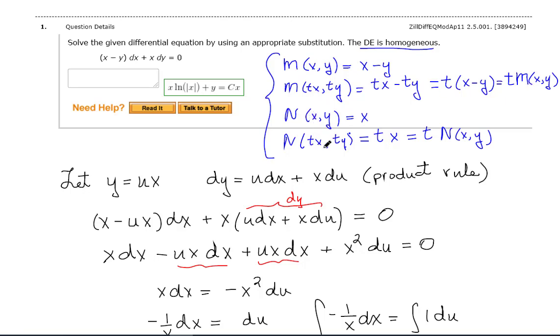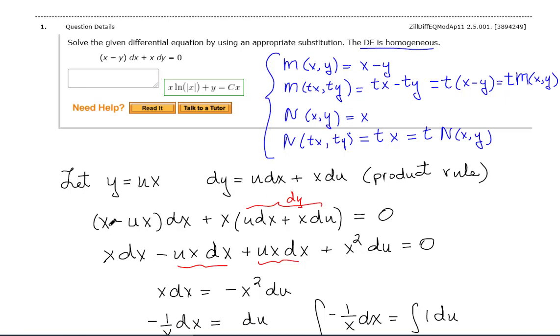So plug in tx, ty. Well, it has no y's. So I get tx, and so it is t times the original. So they both are homogeneous of the same degree. All right, so I let y be ux. Its differential using a product rule looks like the following.